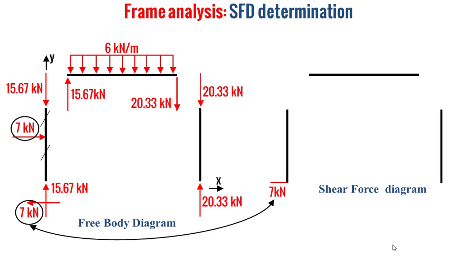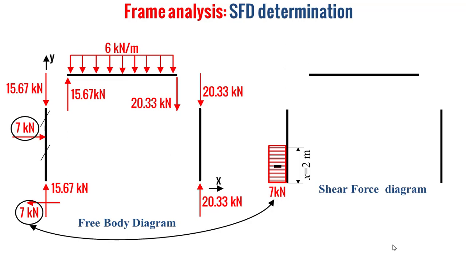And notice that we have at the half height another 7 kilonewton in the opposite direction, which will neutralize the 7 kilonewton as shear force applied at the bottom of the column. So for the lower half height of the left hand column, we have a shear force equal to 7 kilonewtons in the opposite direction of X, so it will be minus 7 kilonewton.